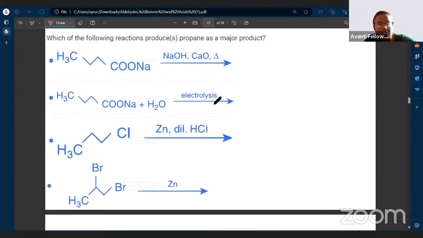Which of the following reactions produce propane as the major product? So where you'll be getting propane as the major product is the question. Can you guess where you'll get propane as the major product? Can you guess the product and write the product? Which among the options will give propane as the major product?